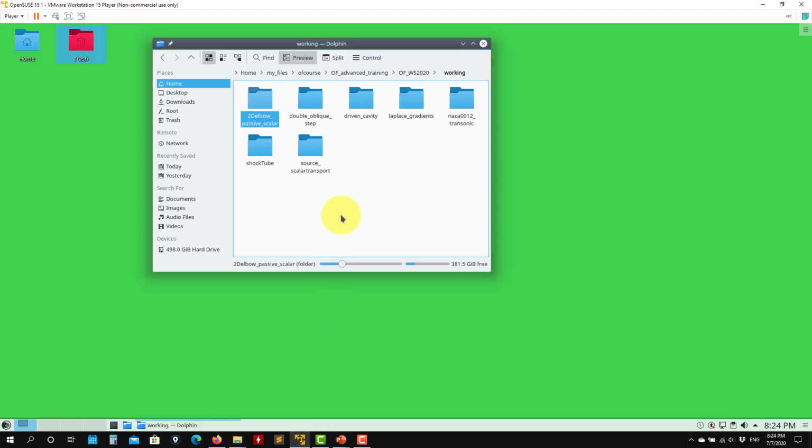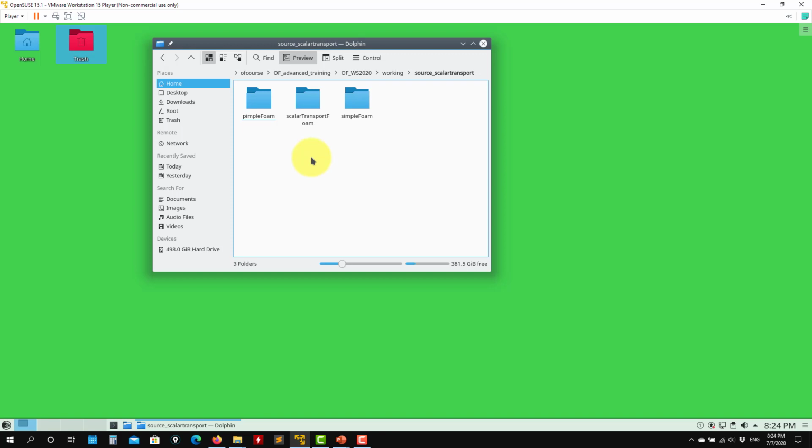As you go to your tutorial, you have the source scalar transport case. Let's go here. Here we have 3 different directories.